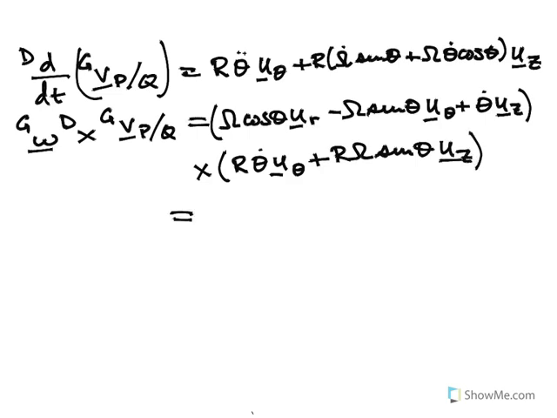which is equal to, so ur crossed with u theta is uz, so I get r omega theta dot cosine theta times uz.